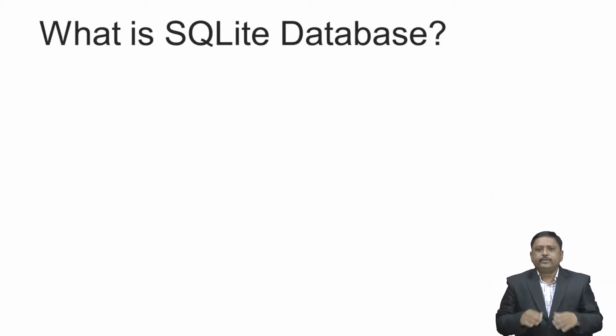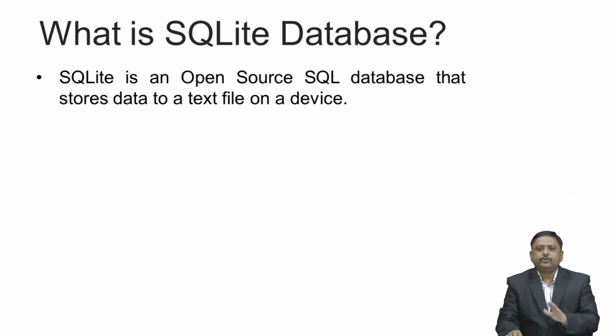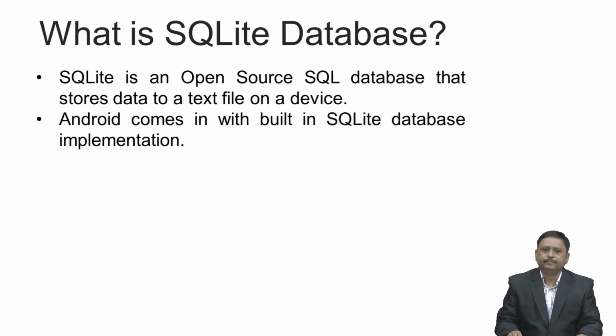Now let us try to understand what is SQLite database is. SQLite is an open source SQL database that stores data to a text file on a device. It stores data in form of file, but you can access it like any other relational database.